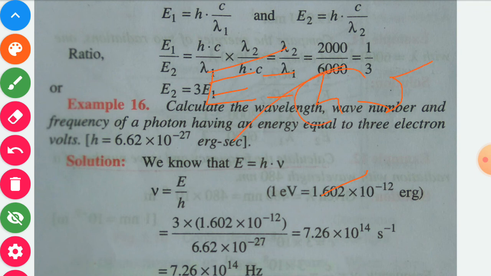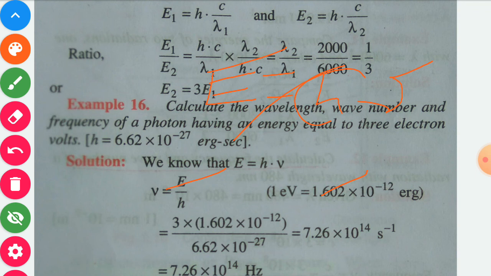E is given, frequency you have to calculate, and h value is given in the question. So frequency nu will be equal to E upon h. E value is given, 3 electron volt. So we have to convert into erg. 1 electron volt will be equal to 1.602 into 10 power minus 12 erg.